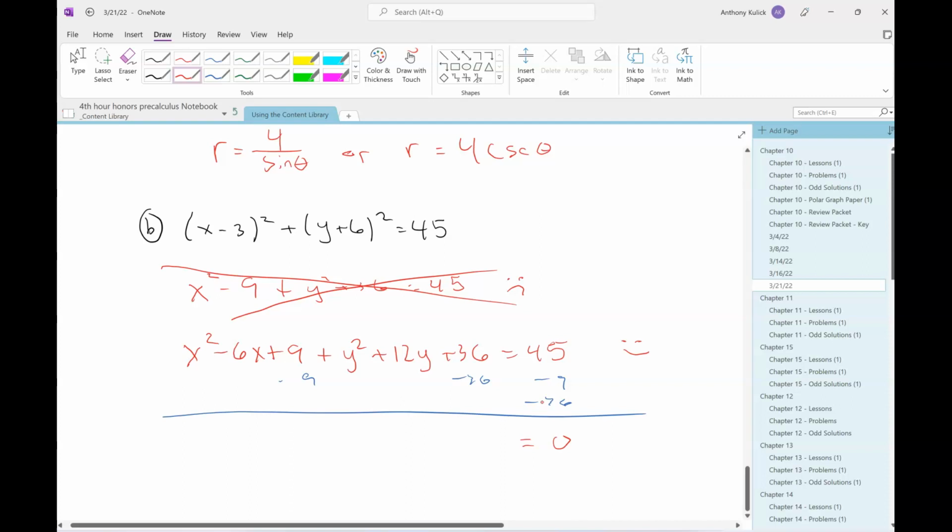Lots of things still. I don't really want to move them right now. I think they're good right where they're at for the moment. And you're not sure. Jackson? Change x squared plus y squared to r squared. Yeah, x squared plus y squared is r squared. That's great.